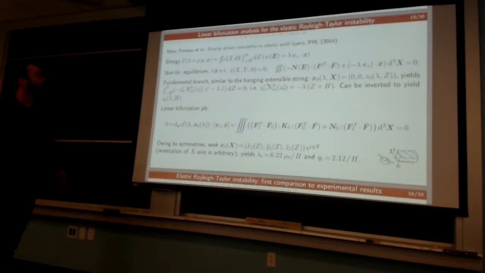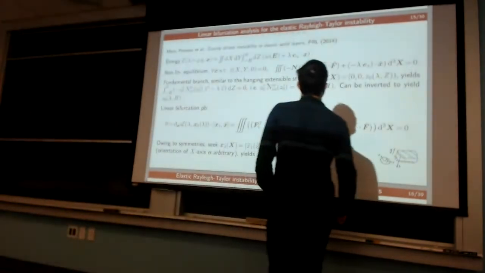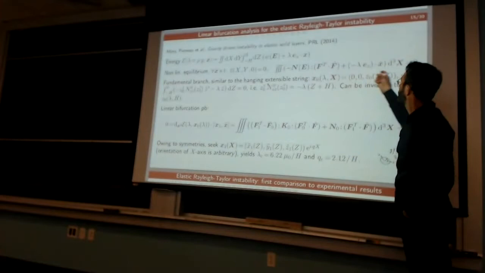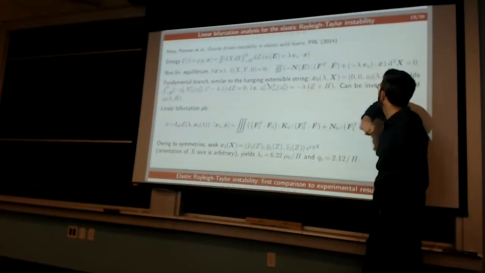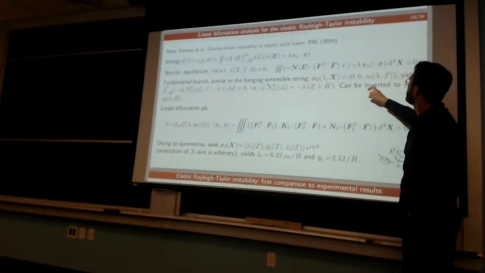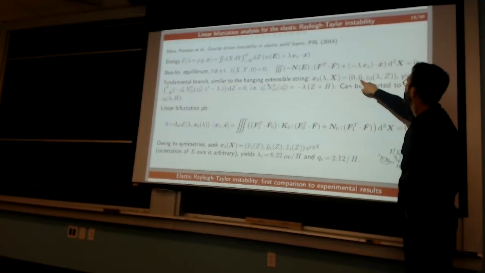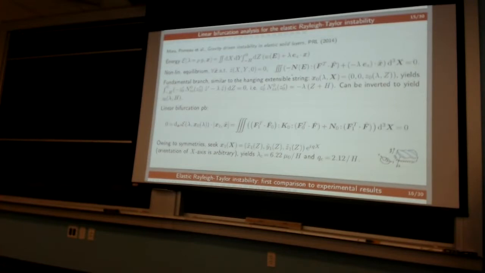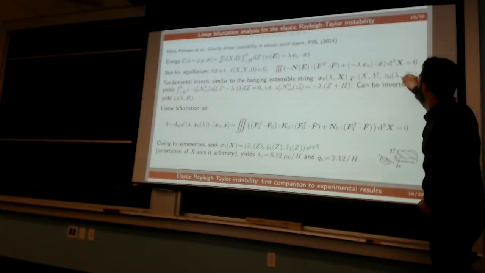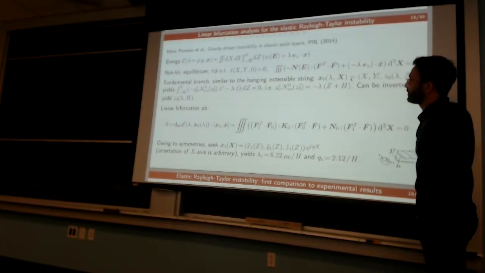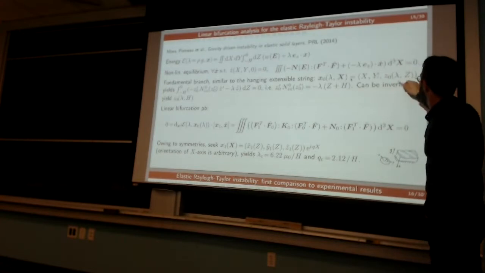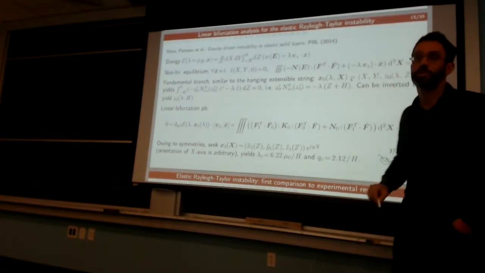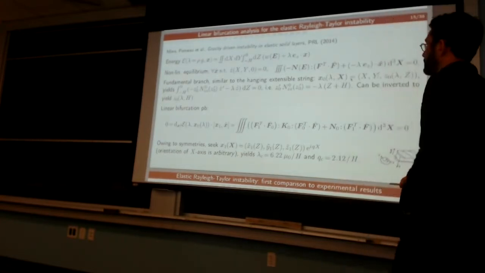So that corresponds to assuming this form of the deflection. So the final configuration, whoops, sorry, that should be capital X, capital Y. So the X and Y coordinates aren't changed. And we are assuming that the final position is now a function of just the initial vertical position. So the final elevation is a function of just the initial elevation.